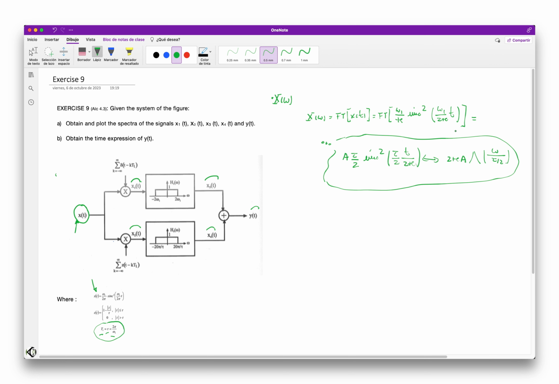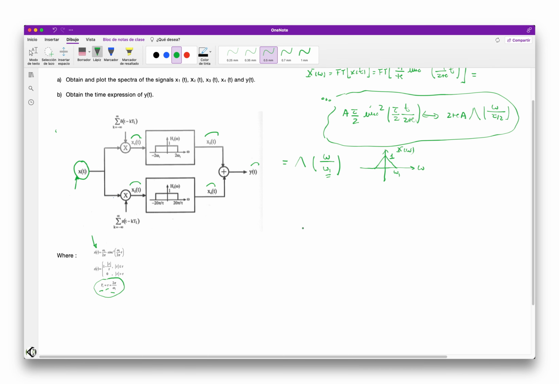And we use exactly this to transform our case, and you will see that the result is the triangle of amplitude unity 1 of omega divided by omega 1. So in other words, X(omega) in frequency will be a signal like this. Remember that in the case of the triangle, we put here half the duration, so this will be omega 1, and the amplitude is 1. This is X(omega), the signal that we put at the input of our system.